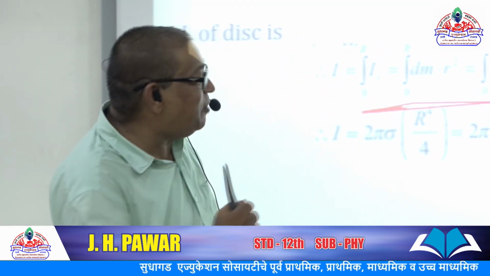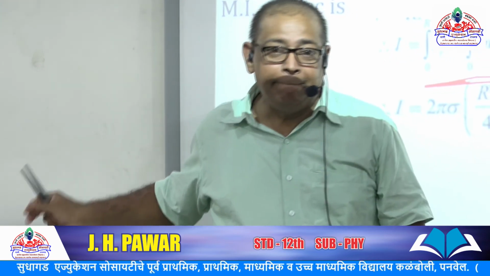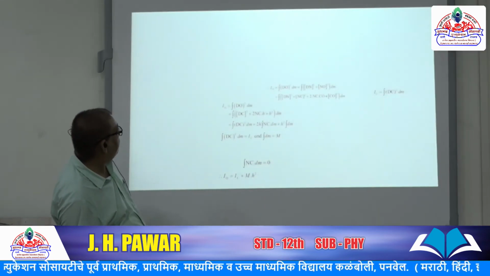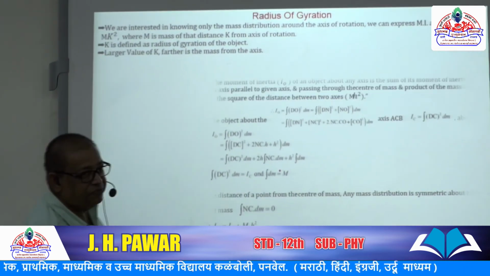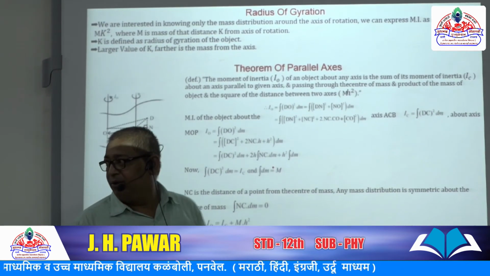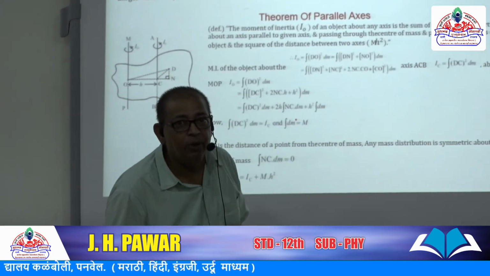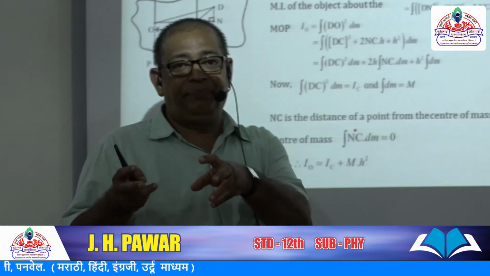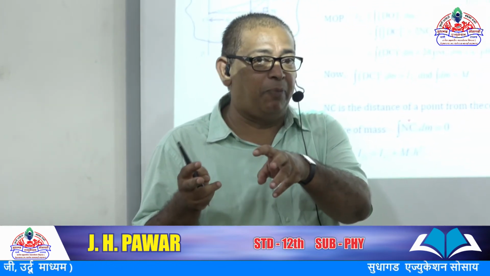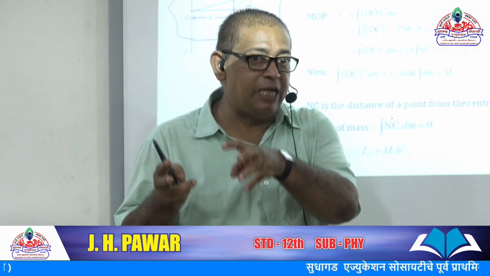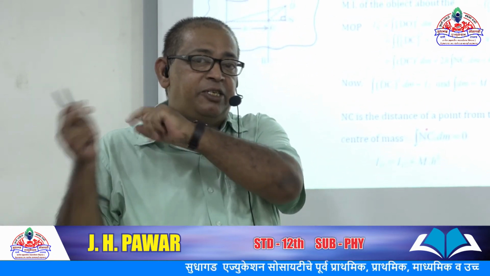Okay, thereafter we are going forward. Another thing: radius of gyration. The moment of inertia of a body depends upon two factors: the mass of the body and the distribution of mass from the axis of rotation.